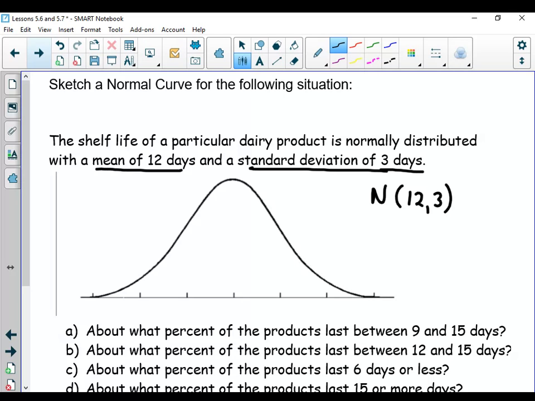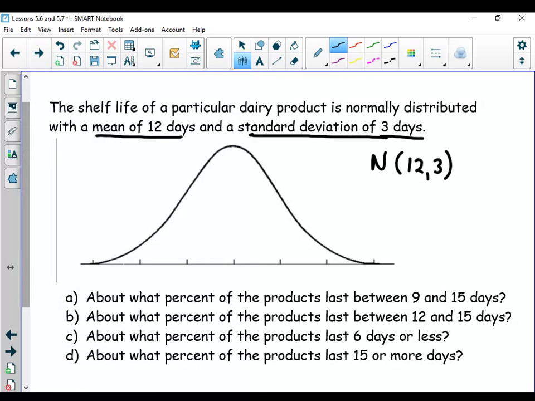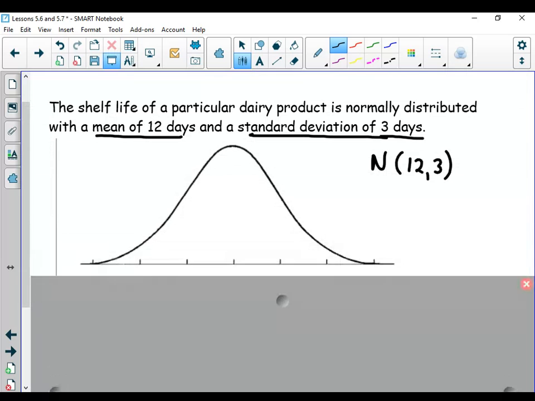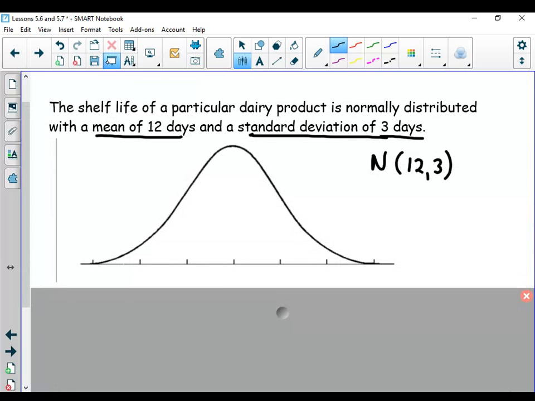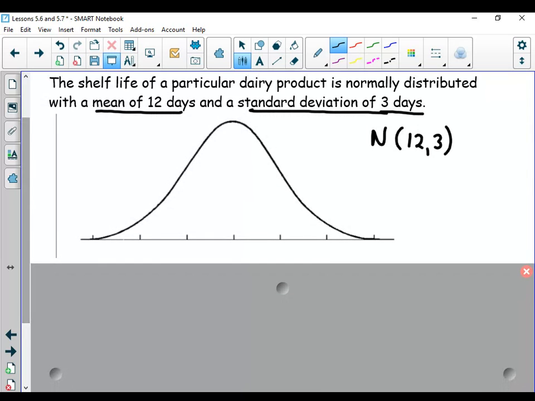All right, well, before we start answering some questions related to that, I'm going to label my curve. A lot of times I'll ask you to sketch a normal curve and then label it. So I'm going to label my normal curve based on this data, where they said the mean is 12. That tells me to go to the middle here, and that's going to be 12. And then the standard deviation is 3, which really just tells me you're going to go by 3s as you go along.